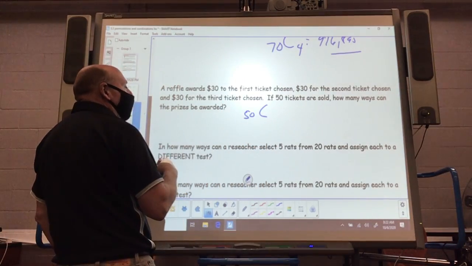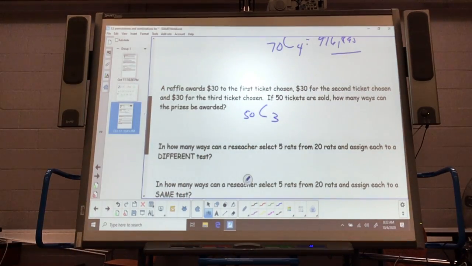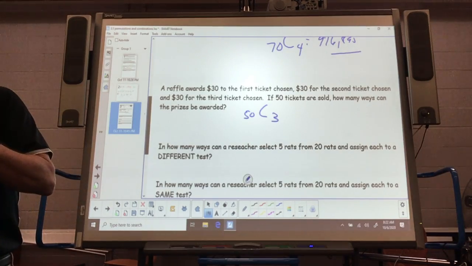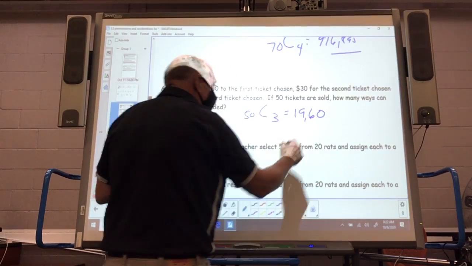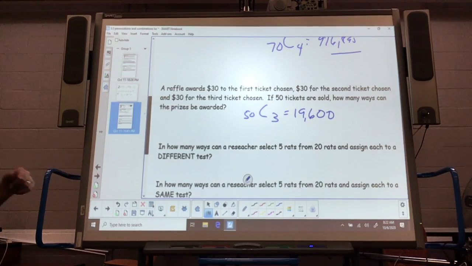How many tickets are being chosen? 3. So we have 50C3. Okay, 50C3. So now, once again, it's up to you whether you want to use your factorials or you want to use your calculator. Alexandria, what do you come up with? 19,600? Yes, no, maybe so? All right.